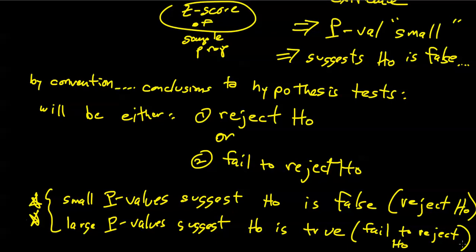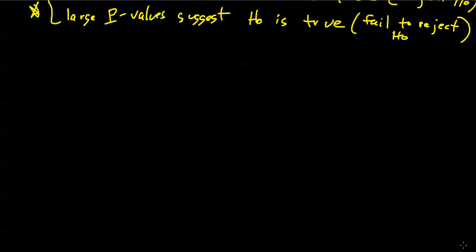Alright, so I'm going to dig right in and get to an example here, and show you how we use the calculator to actually compute p-values. Alright, let me say somebody makes a claim. Remember, a hypothesis is a claim.